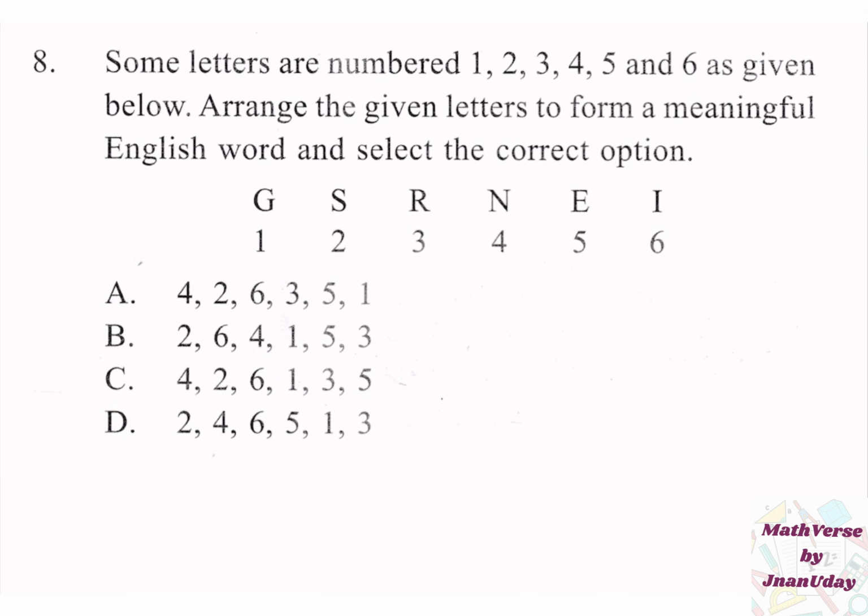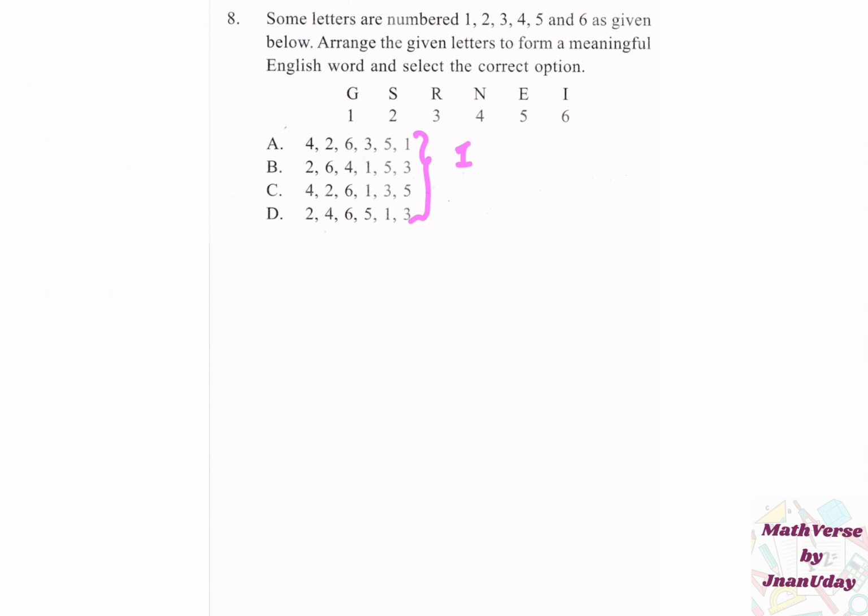So question number 8 is, some letters are numbered 1, 2, 3, 4, 5 and 6 as given below. Arrange the given letters to form a meaningful English word and select the correct option. Now here, as you can see, in all the options, they have given the order of numbers. The best method is just by looking at the letters.